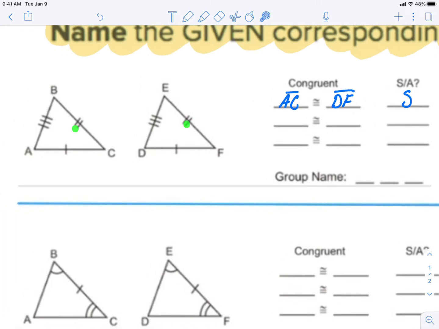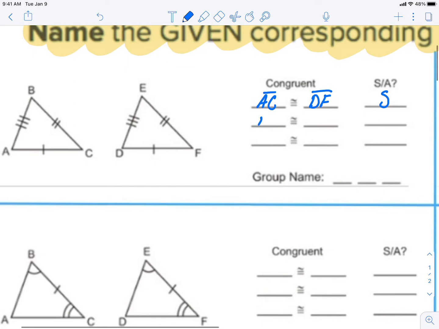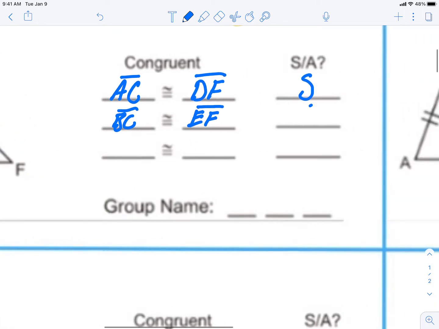Double dash: BC makes the first double dash, EF makes the second double dash. So BC is congruent to EF, and those are also sides.